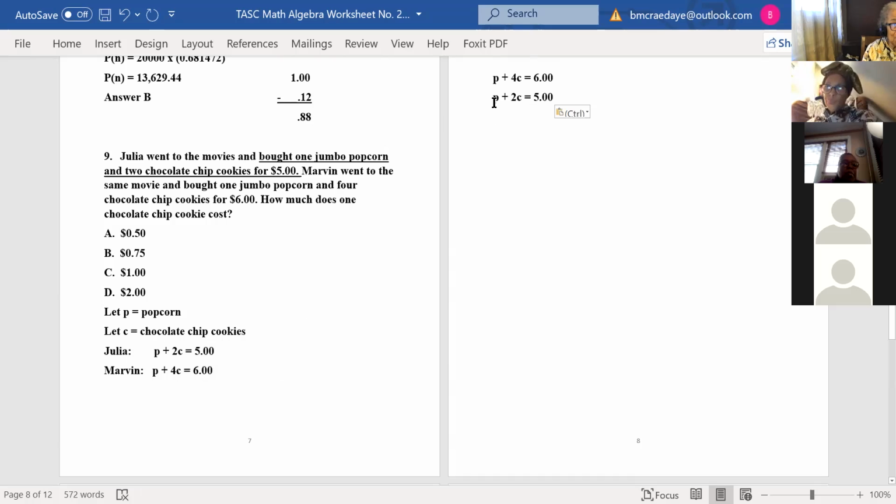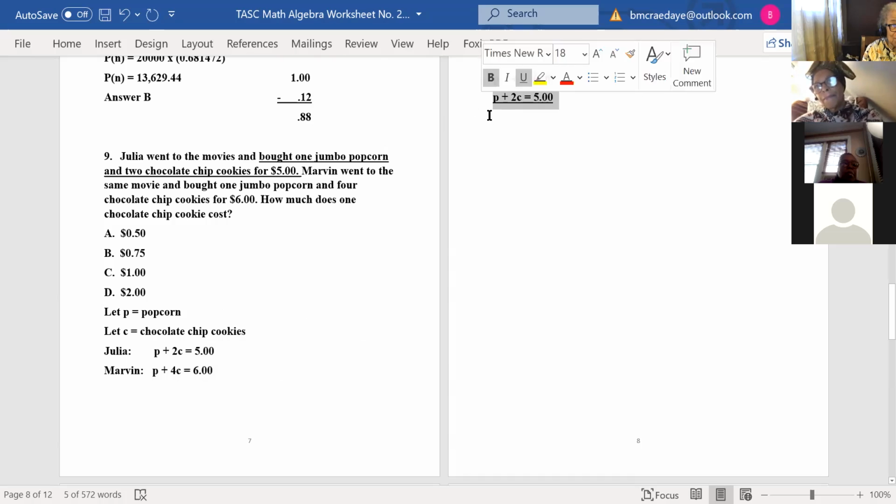Now you see, if we subtract one equation from the other, then we'll just have C left, right? Because this is a subtraction. I'm subtracting this equation.